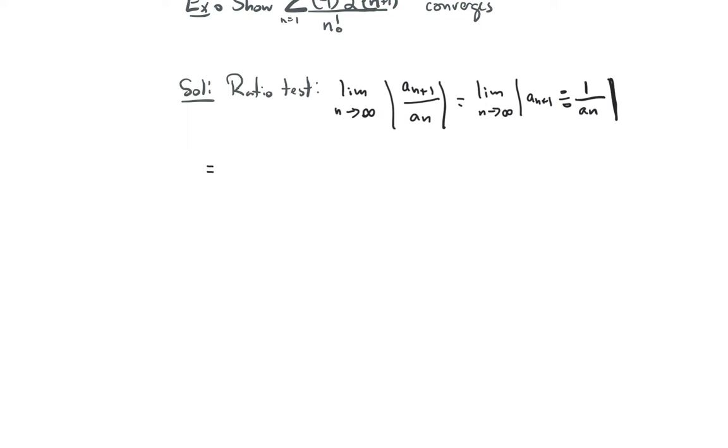Let's plug in n plus 1 to all of our terms. Notice that this negative 1 to the n, if we're taking the absolute value, that's just going away. We don't care about the sign of it, so I don't even need to write that down. So this is going to be the limit as n approaches infinity of 2 to the n plus 1 times n plus 1, which is n plus 2, over n plus 1 factorial, and then divided by 1 over a_n, which is 1 over this guy.